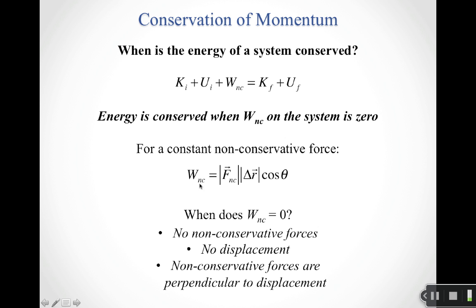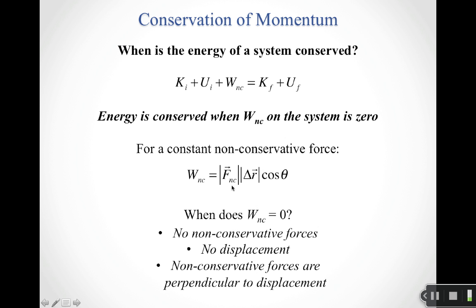There are 3 different ways I can have 0 work done by non-conservative forces. The first is simply to have no non-conservative forces. If there are none, then certainly they do no work. The second is I can have non-conservative forces, but there's no displacement. This would be another situation in which the work done by non-conservative forces is 0.